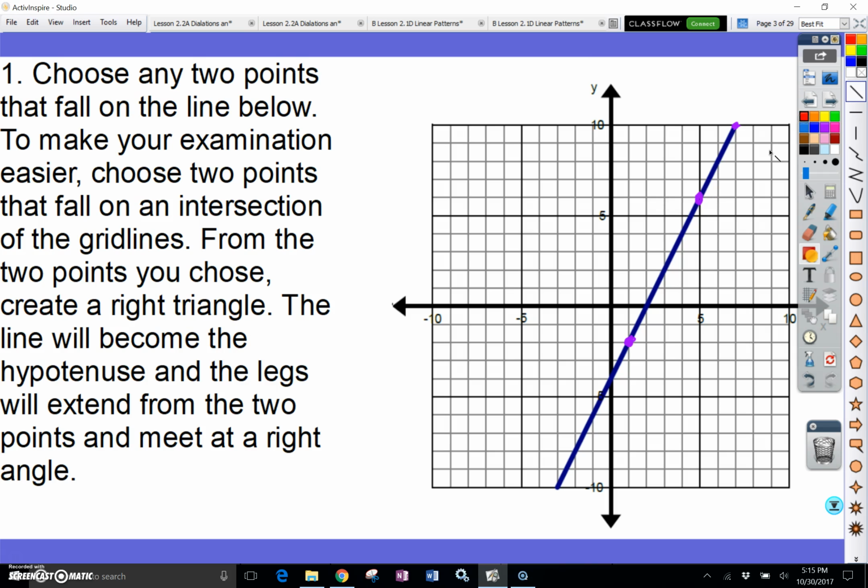I'm going to have a line that extends out right here and come all the way down. So here's my right angle. This part right here is the hypotenuse, which is part of the line, and the legs of the triangle are the red lines that I drew. So the line will become the hypotenuse and the legs will extend from the 2 points to meet at a right angle. I'm going to be jumping back and forth to this one.